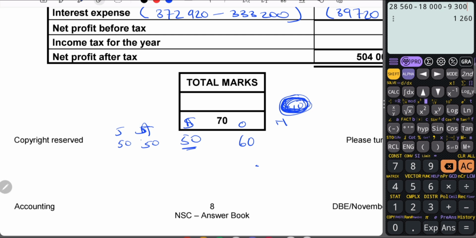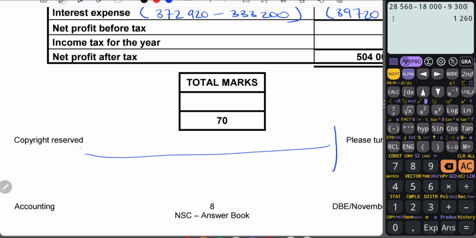But I think it's going to be better if I use our own financial year. We are saying our financial year starts on July, August, September, October, November, December, January, February, March, April. Now let me extend it so that you can understand what I'm talking about.